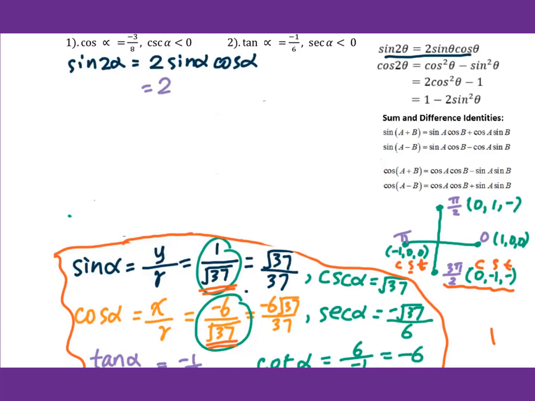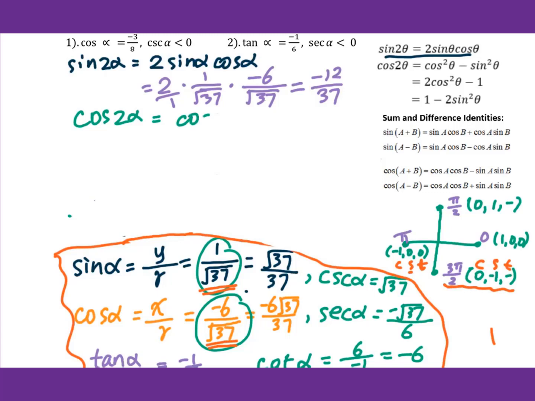We plug in 2 times 1 over square root of 37 times negative 6 over square root of 37. That is negative 12 over 37.